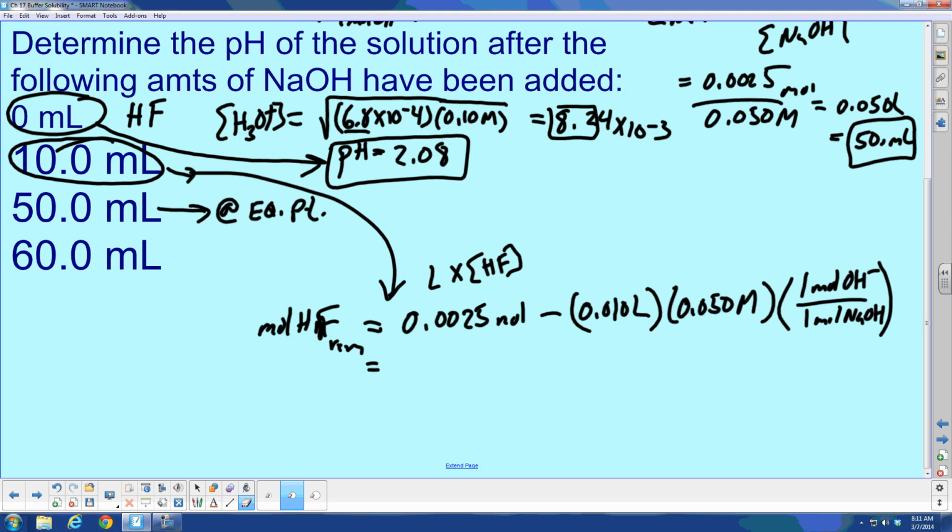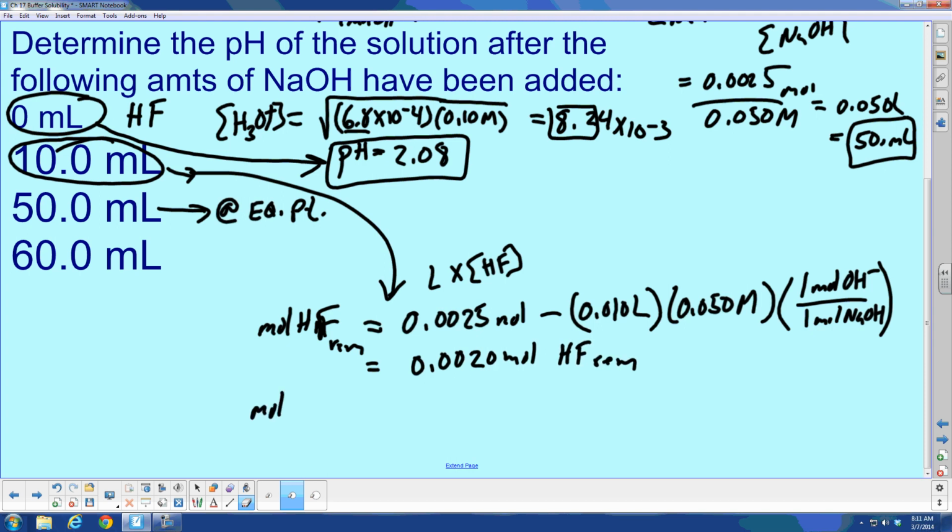So I have 0.0025 minus 0.01 times 0.05 times 1 over 1, and I get 0.0020 moles of HF remaining.